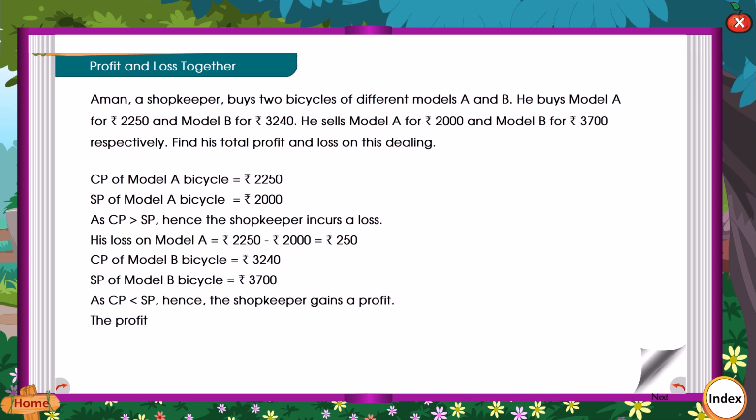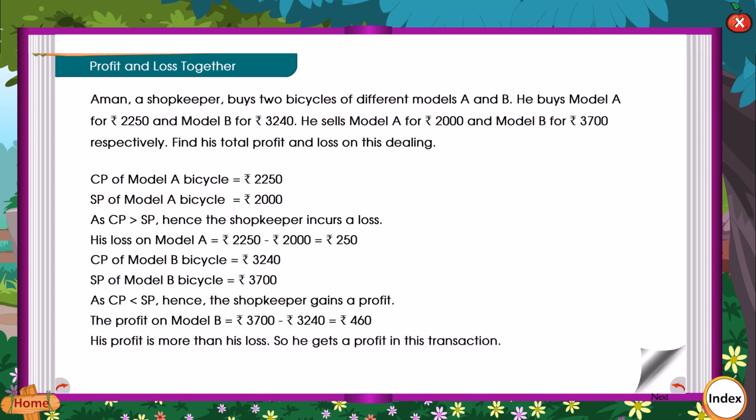The profit on model B is equal to rupees 3,700 minus rupees 3,240 is equal to rupees 460. His profit is more than his loss, so he gets a profit in this transaction. Total profit is equal to rupees 460 minus rupees 250 is equal to rupees 190.